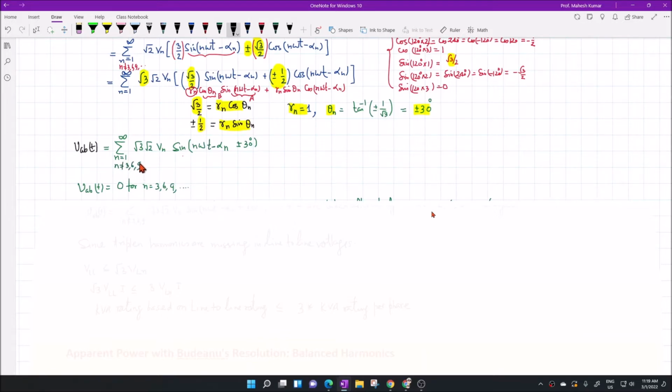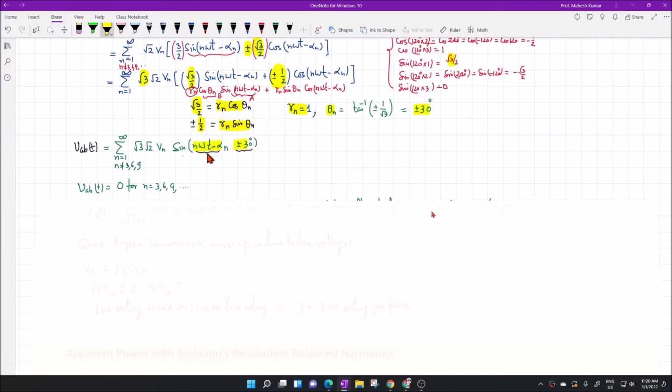For 3, 6, 9, this line to line voltage equals 0, because the triplen harmonics of voltage will cancel each other. So for non-triplen values, other than 3, 6, 9, we have the expression root 3 into root 2 Vn sin n omega t minus alpha n plus minus 30 degree.